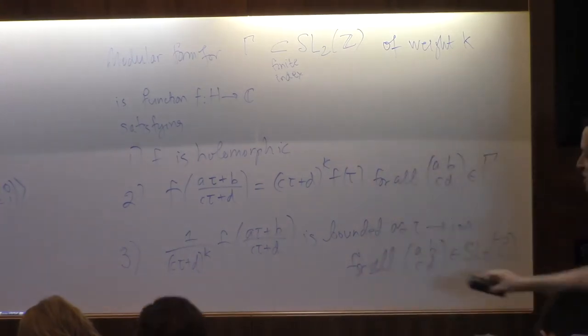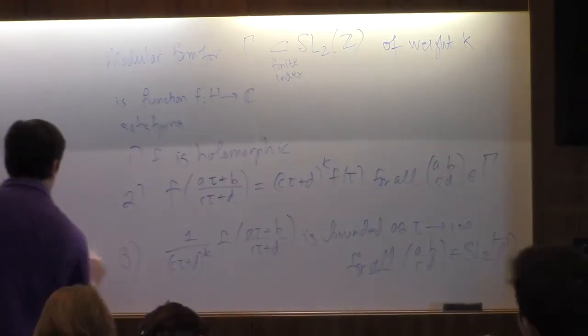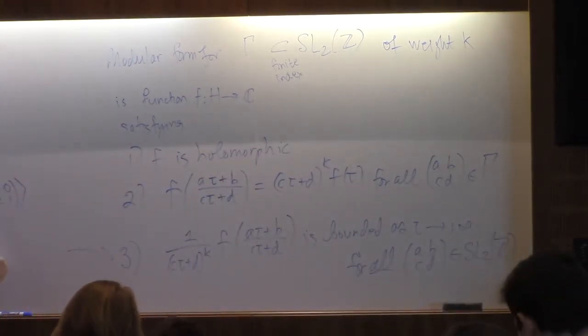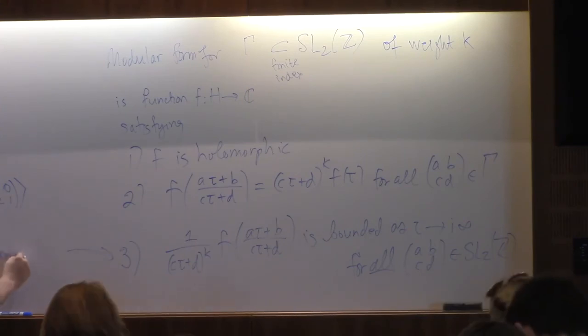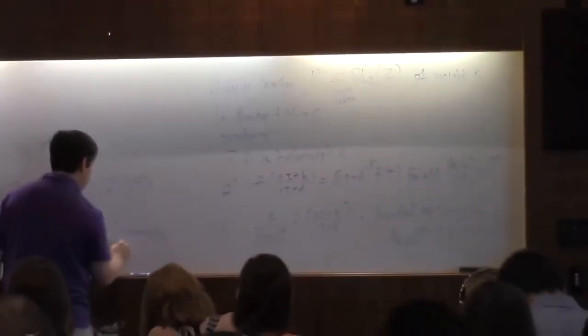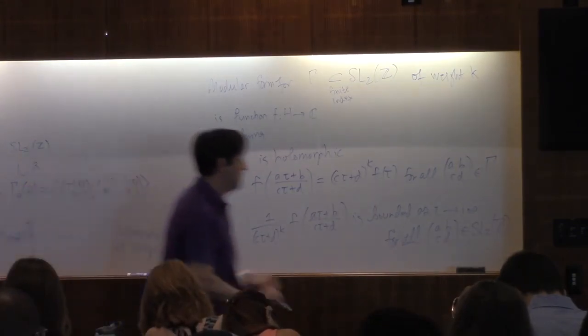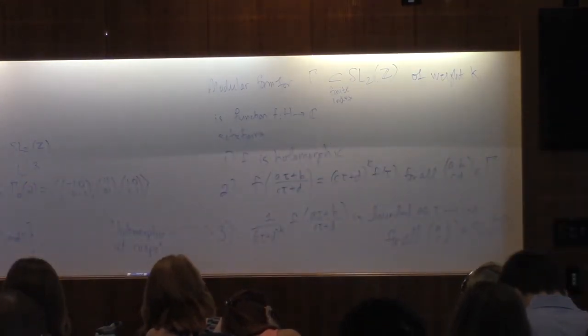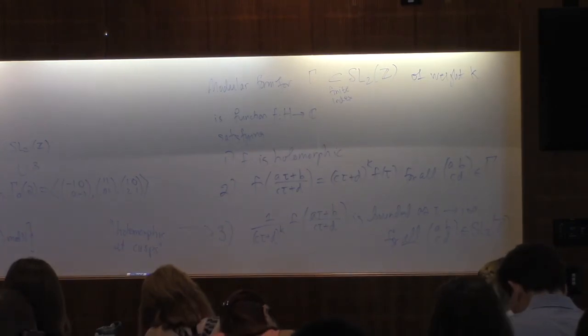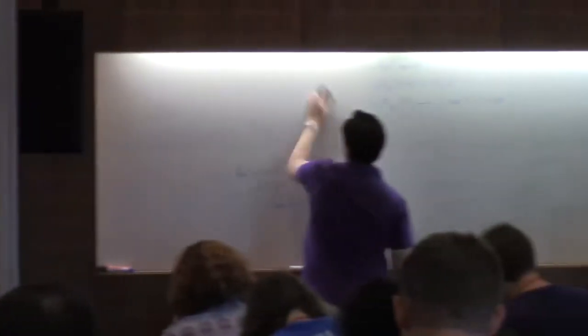And so this condition is called being holomorphic at the cusps, and I want to draw a picture to indicate what that is referring to, and then that'll be it for today.